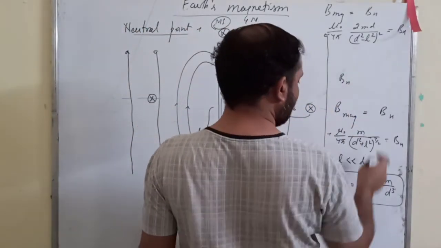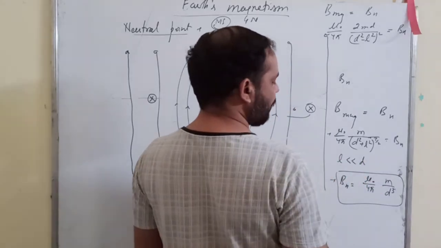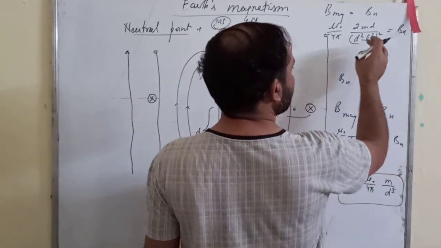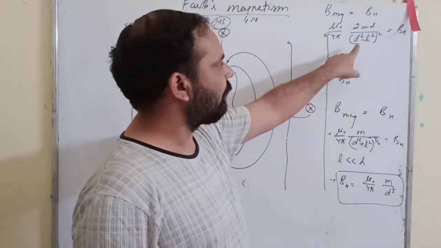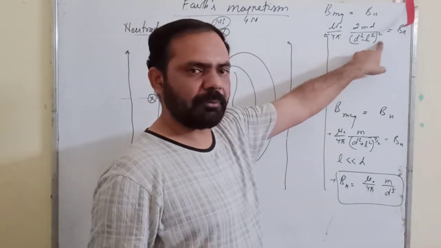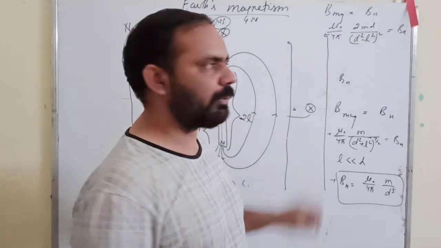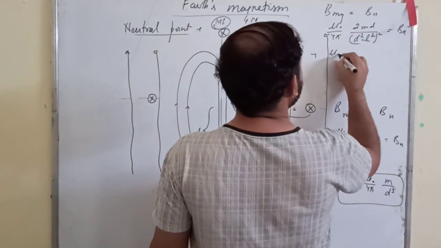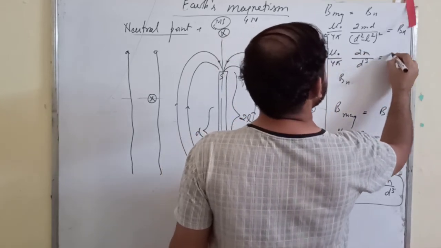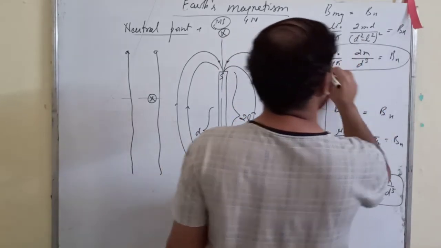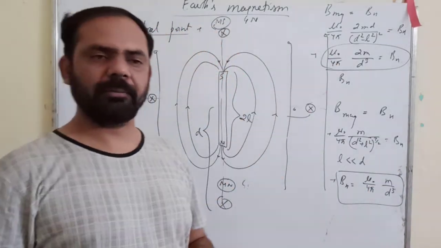Now again, L is very small compared to d, so you can write that d square minus L square is approximately equal to d square. So it will become d raised to the power 4. Now d and d raised to the power 4 will cancel, so you will get mu naught upon 4 pi, 2m upon d cube, equal to BH. With this formula you can find out the value of BH.